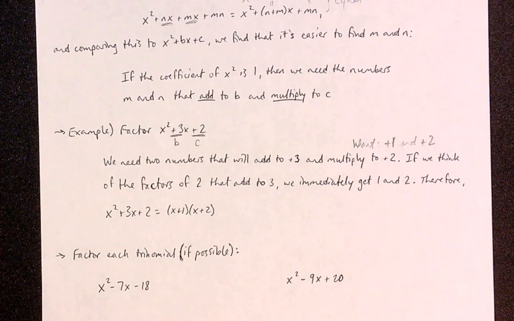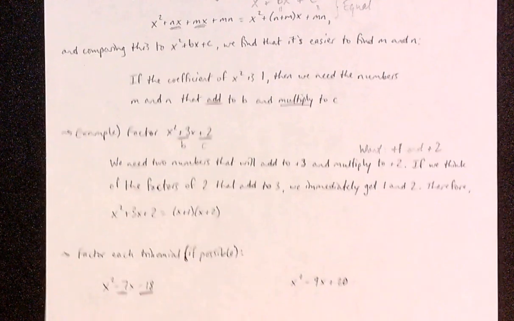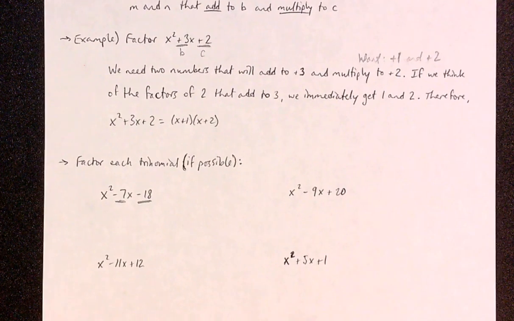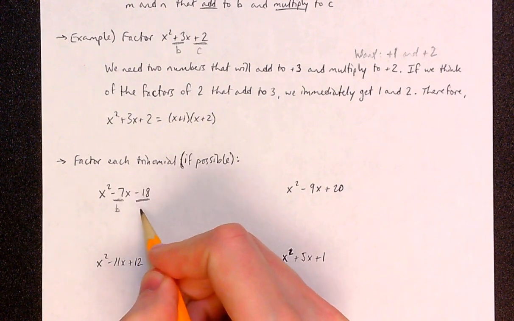We'll do this with a couple more of these. x squared minus 7x minus 18. Okay, I want to identify my b value and my c value. The b value, again, is the number as well as the sign that is in front of my x. So that's the negative 7.